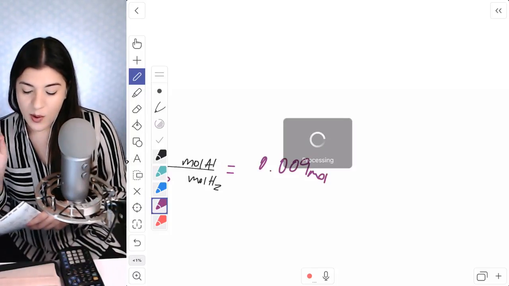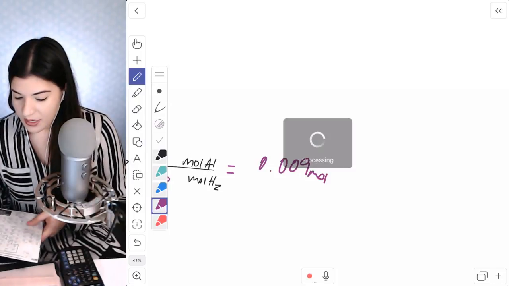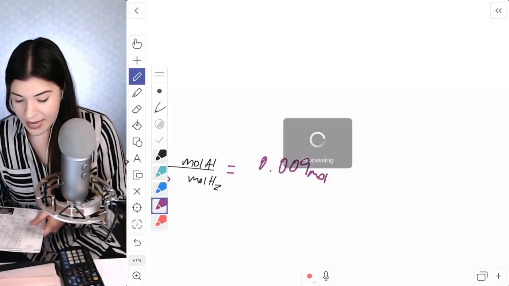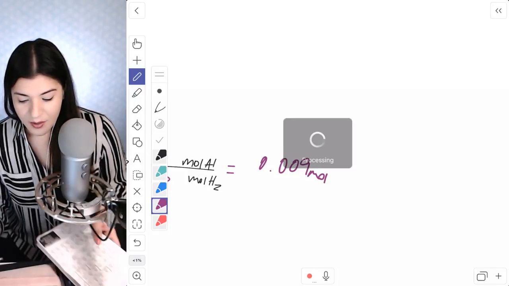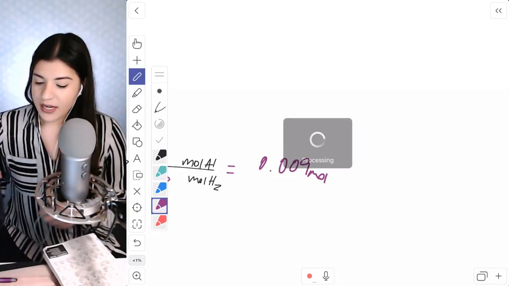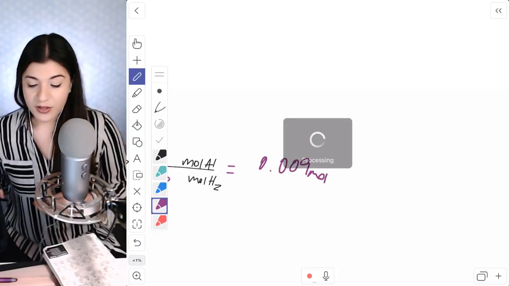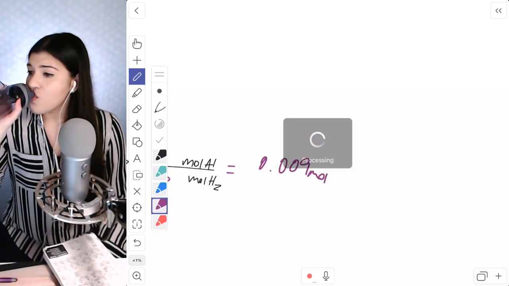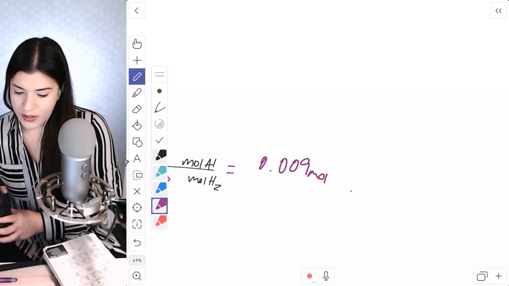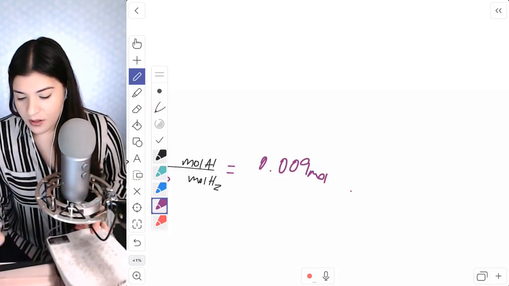From our moles, I just have to find the molar mass of aluminum and multiply by that. Pretty much right after this step, we're just going to multiply by the molar mass of it.